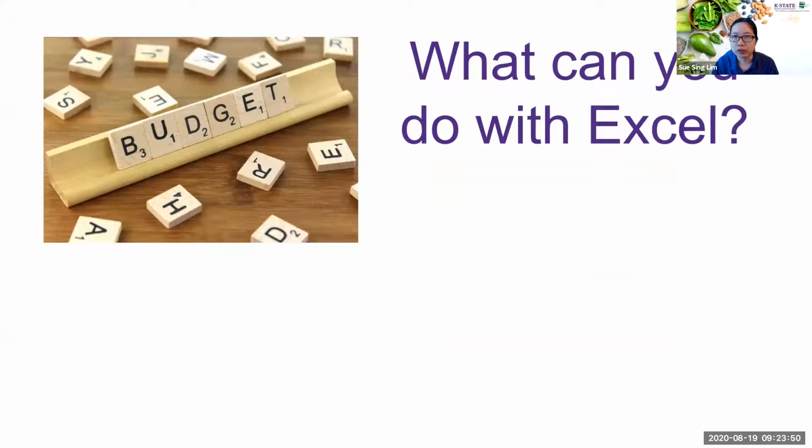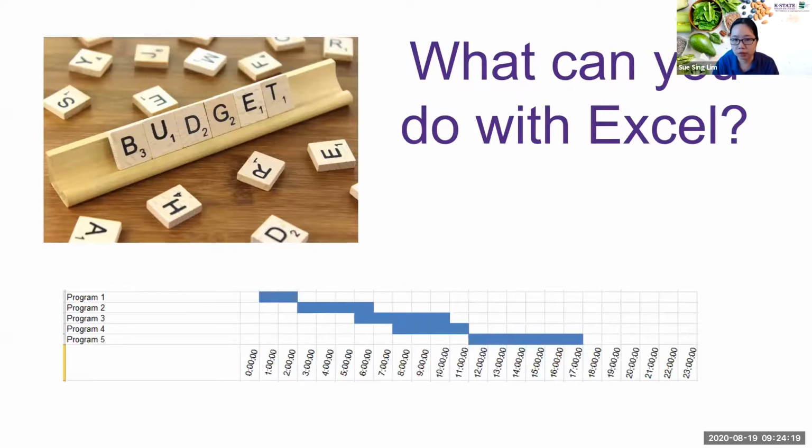I have heard that some of you apply for grants, and a lot of times you do use Excel for budgeting because it has the summation function. You can create some sort of automatic calculation. So with your grant, or even with your local extension unit, if you are responsible for some sort of budget, Excel is very, very good with them.